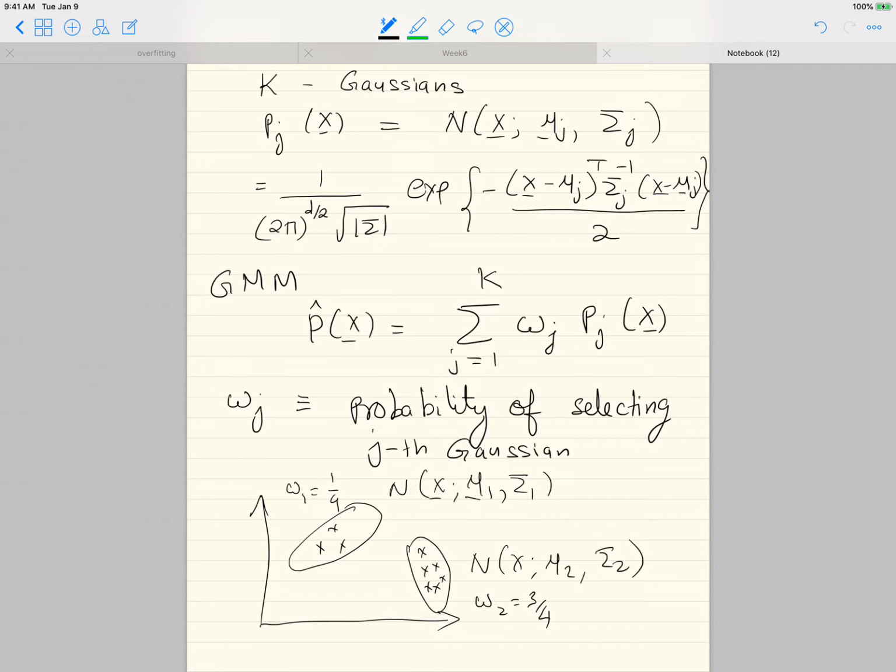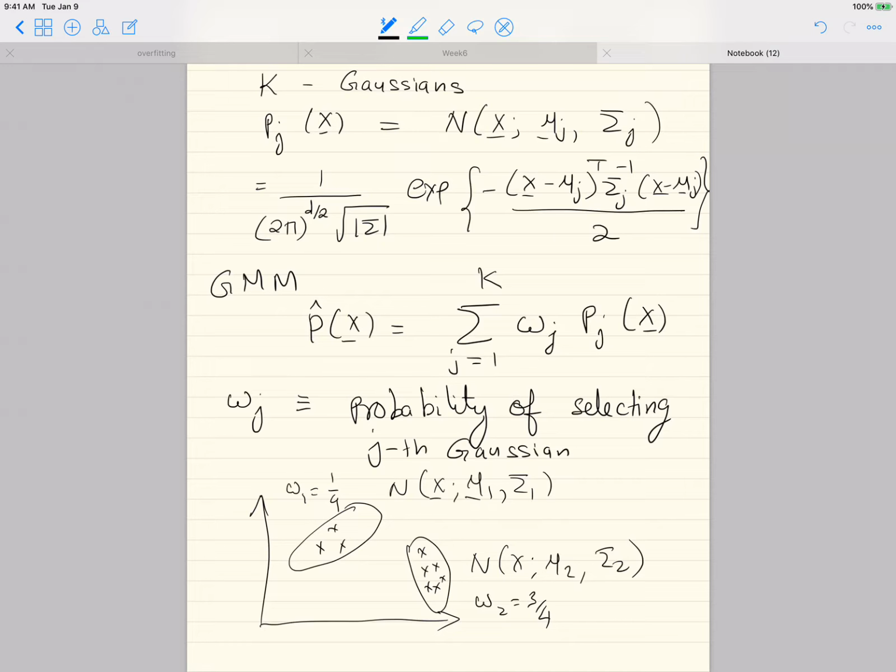Once I select one of the Gaussians, I don't make a deterministic choice of the output. I still use the PDF of the Gaussian for sampling. But because of the way this density function is shaped, I will have some point belonging to a cluster here if I select this Gaussian. And if I select this Gaussian, then the points will be in this cluster.